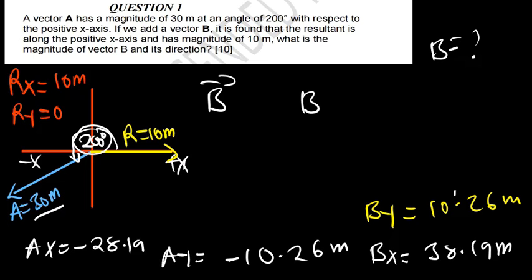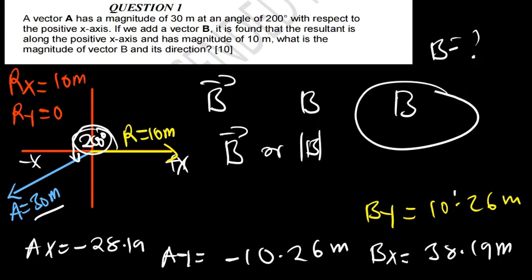A vector can be represented by an arrow on top or a modulus. Don't report a vector as just b. Sometimes the people marking your papers might mark you wrong, because they will say this is a scalar quantity, not a vector. Is that okay, guys?